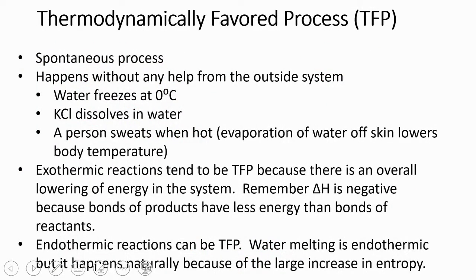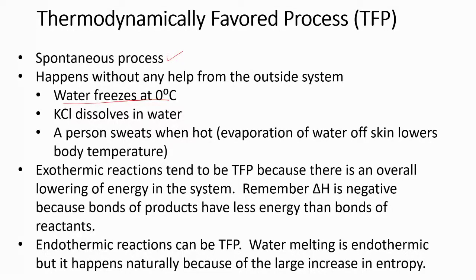So what are we talking about here? What is a thermodynamically favorable process? This is a process which is spontaneous, meaning it happens naturally without the help of any outside source, no extra help. All right, so what are some examples of spontaneous processes? Water freezes at 0 degrees Celsius.